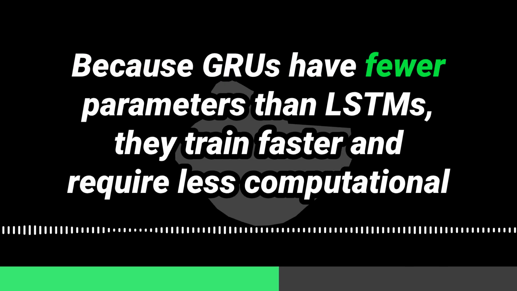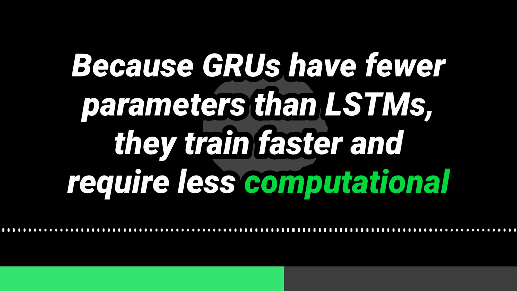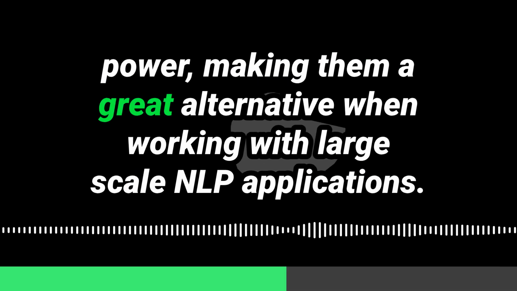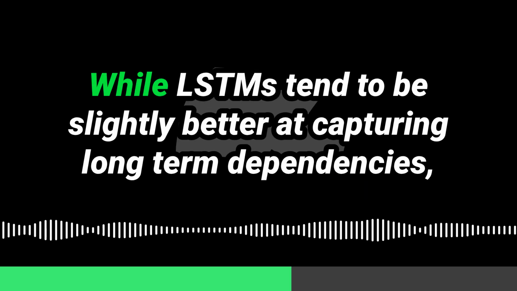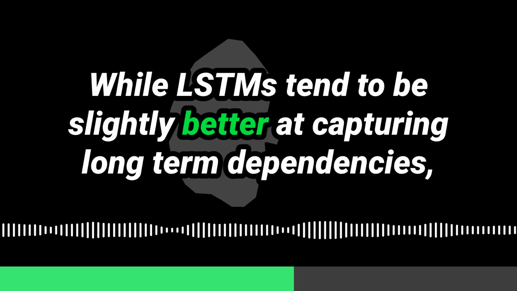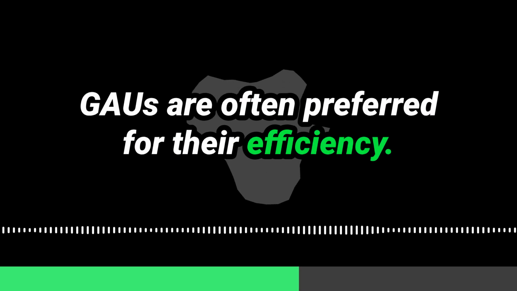Because GRUs have fewer parameters than LSTMs, they train faster and require less computational power, making them a great alternative when working with large-scale NLP applications. While LSTMs tend to be slightly better at capturing long-term dependencies, GRUs are often preferred for their efficiency.